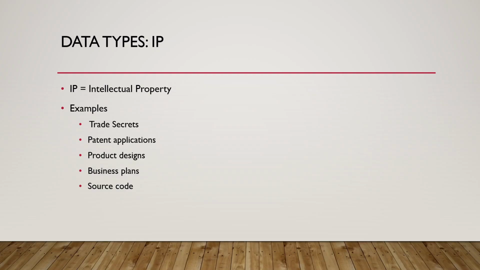So different types of this would be trade secrets, things like formulas or algorithms, patents, product designs, business plans, source code, pretty much anything that is specific to intellectual property that if it did get out, think about it like the secret recipe for Coca-Cola. If it came out, then they could have less sales because another competitor can come up and start selling Coca-Cola under a new name.